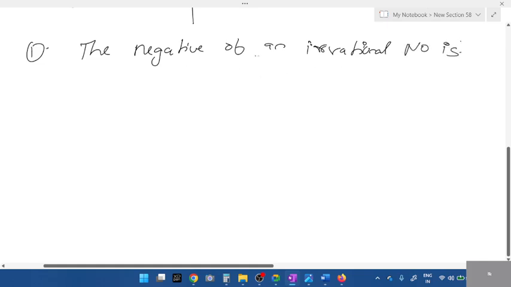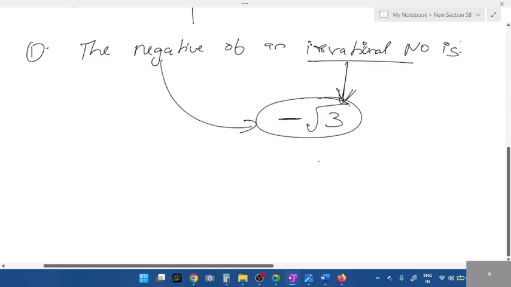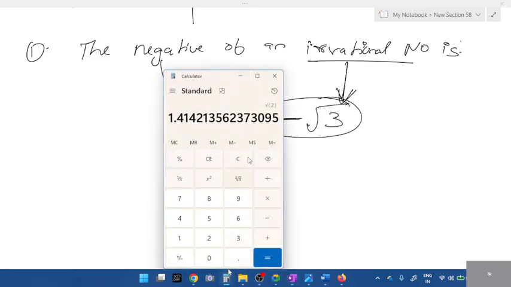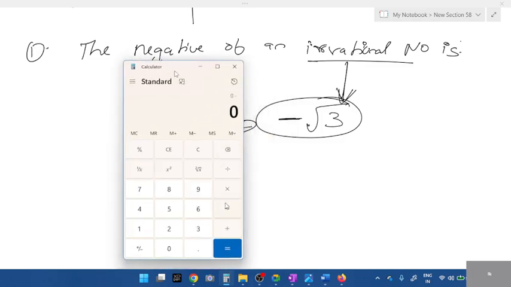See, what do you mean by the negative of an irrational number? Tell me any one irrational number, students. Non-perfect square or non-perfect cube. Okay, let me take root 3. Root 3 is irrational, right? What is the negative of root 3? Negative meaning is minus. It doesn't make any difference. It is still an irrational number. Look here, minus square root of 3.